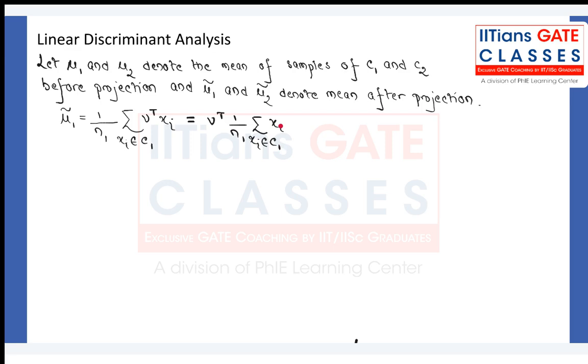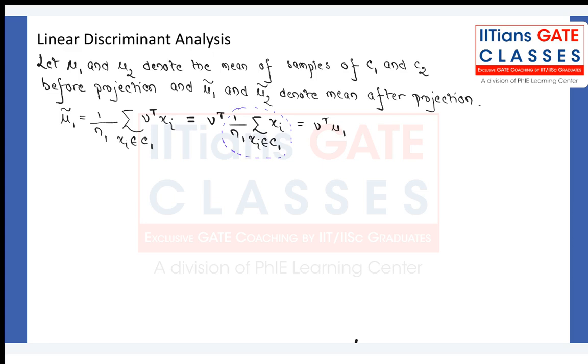Okay, and now what is this term? The summation, this is nothing but the mean, right? The mu1 before projection. So I can write this as v transpose mu1. Understood, right? Because this term here denotes the mean mu1 before the projection.